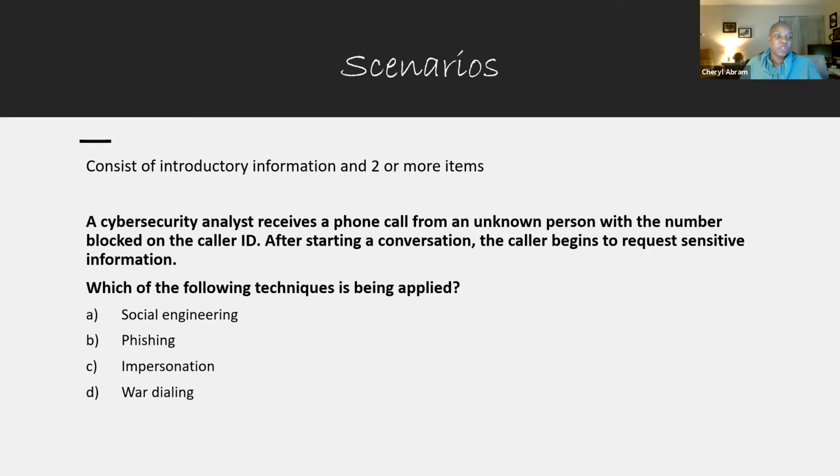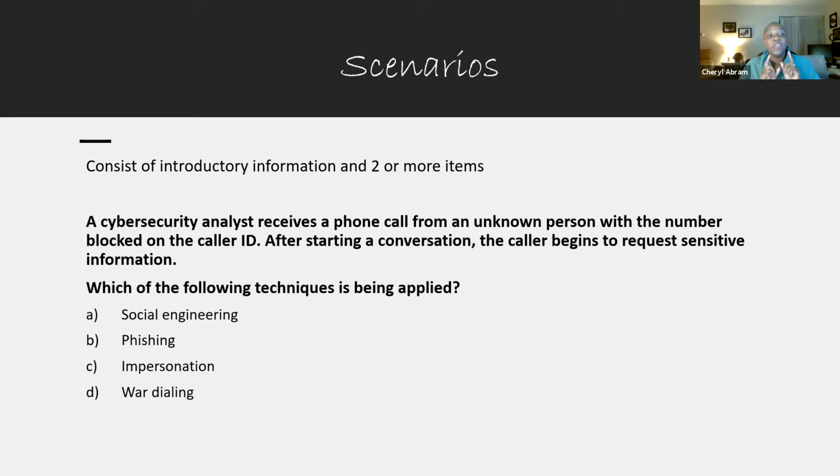So here, a cybersecurity analyst receives a phone call from an unknown person with the number blocked on the caller ID. After starting a conversation, the caller begins to request sensitive information. Which of the following techniques is being applied? Now listen, you have to answer the question. There's a specific thing that this stem is asking you for.